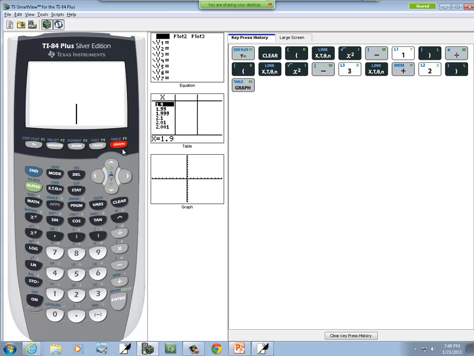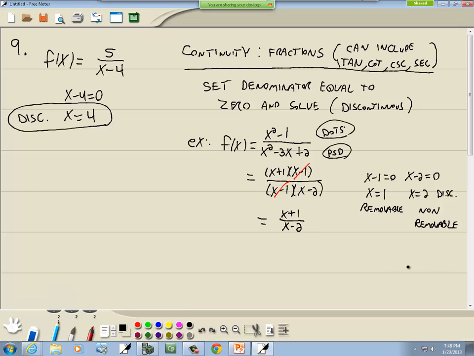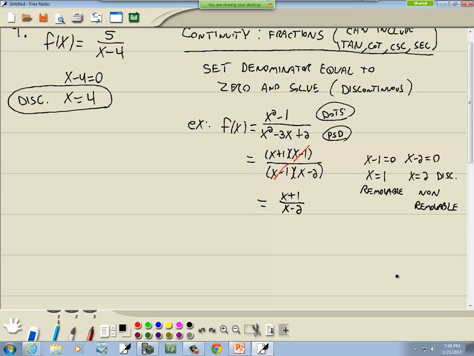Graph. This is what our graph looks like. Okay, so let me scroll down a little bit here. Oh, by the way, on this one, before I scroll down, there's no way I can factor the top and factor the bottom and have that cancel, right? So this is non-removable. So that's not going away.